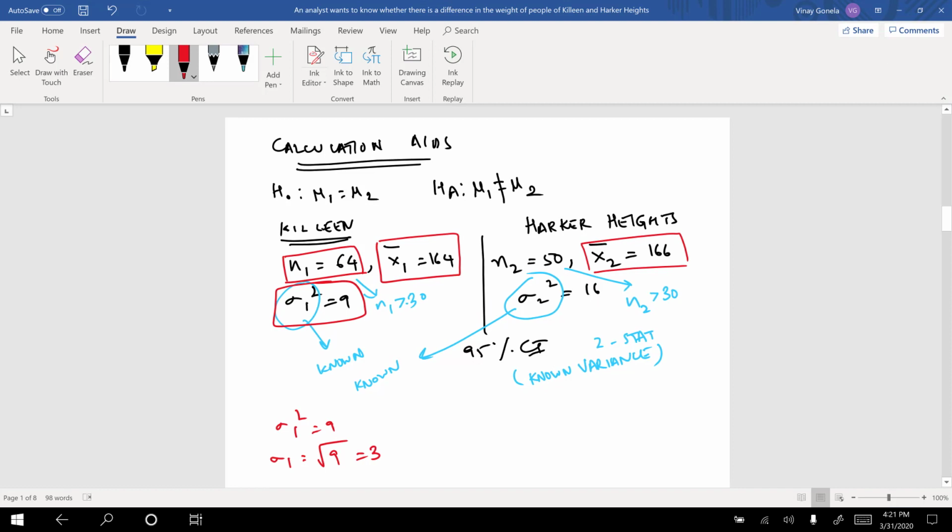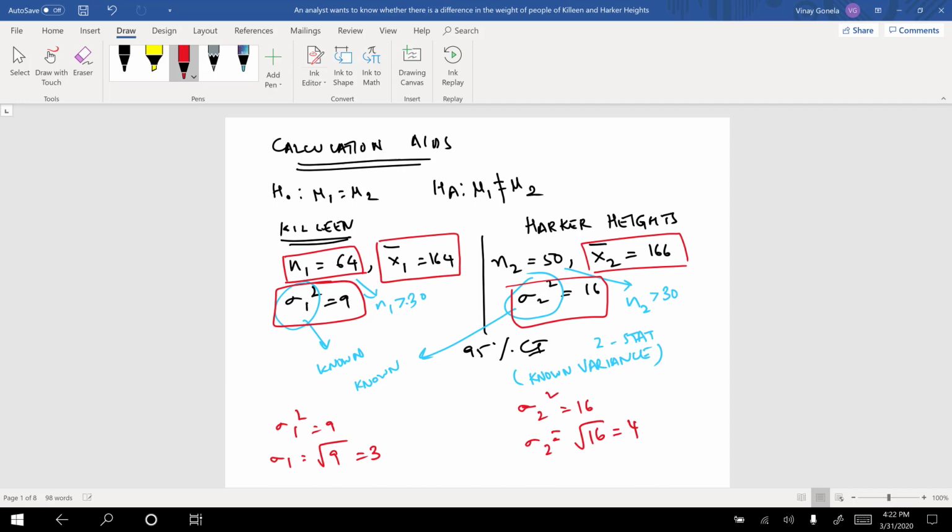The variance is given as 16, so sigma 2 square is 16, so sigma 2 is square root of 16, which is 4.